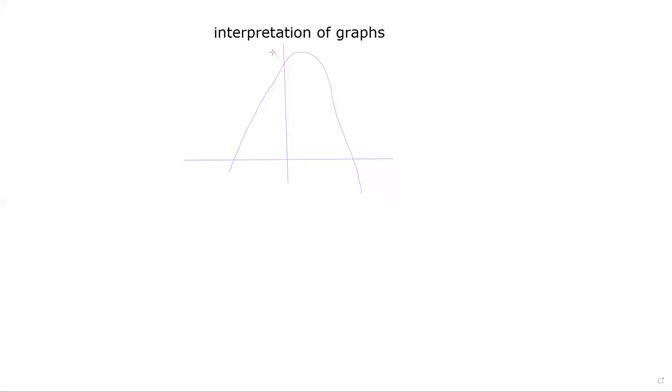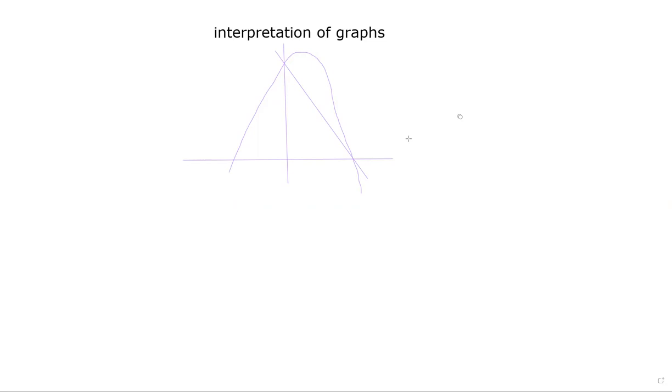Let's see. Right. Then, that is a straight line graph. The first one was a parabola.